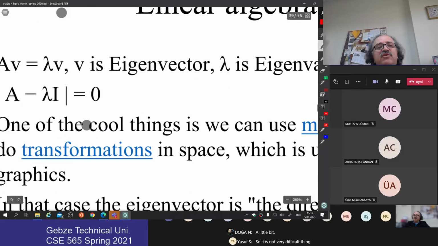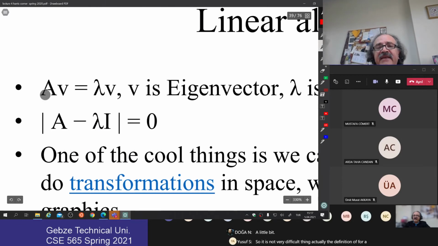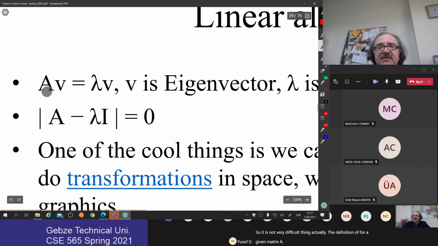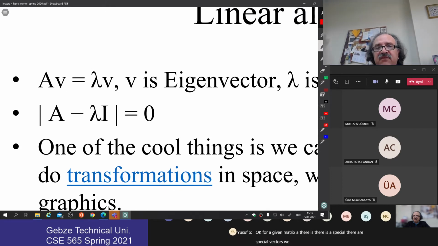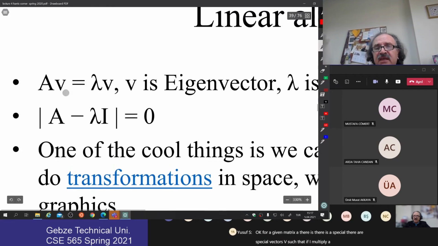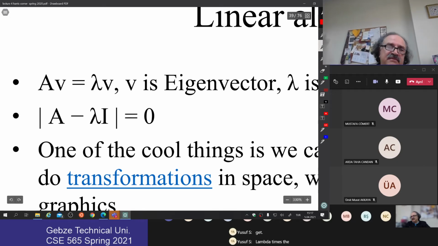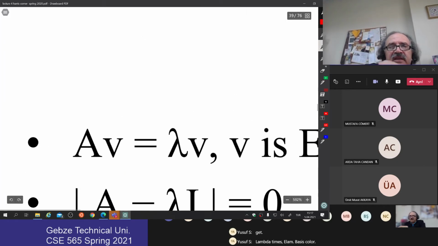The definition is, for a given matrix A, there are special vectors V such that if I multiply A with V, you would get lambda times V. Lambda is a scalar. So let's do this.